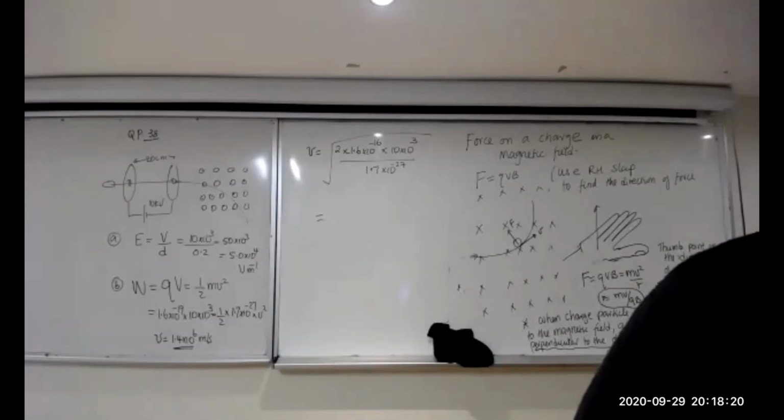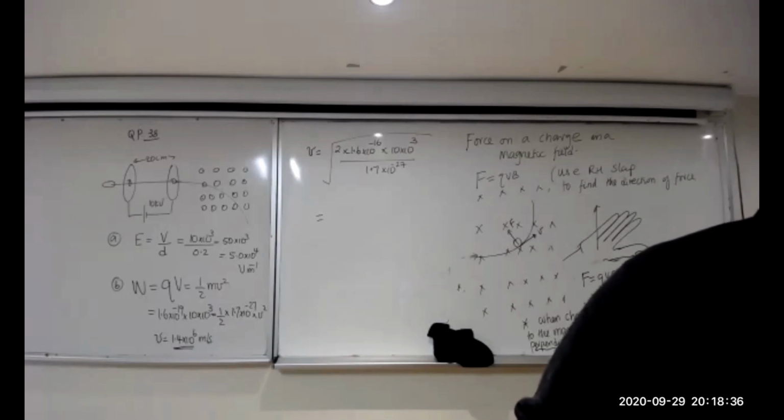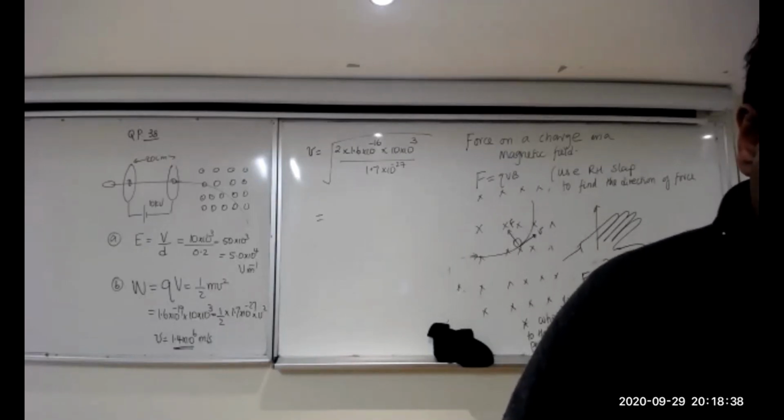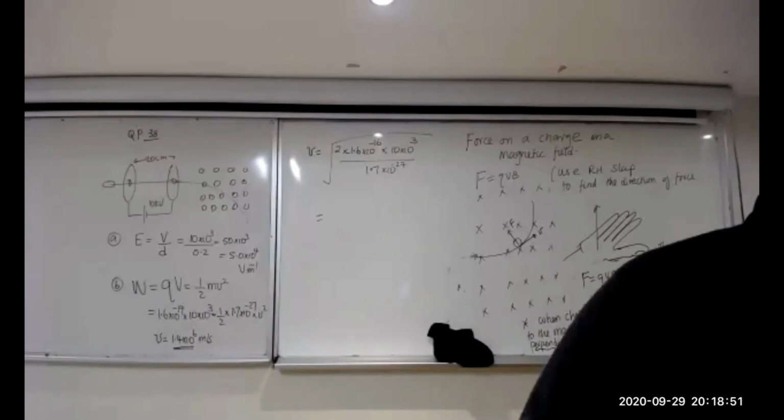Okay, double check any numbers. Different, 20 centimeters. q times V, half mv squared. Yeah, it seems like 4.3. Double check. Yeah, I think it's a different answer.